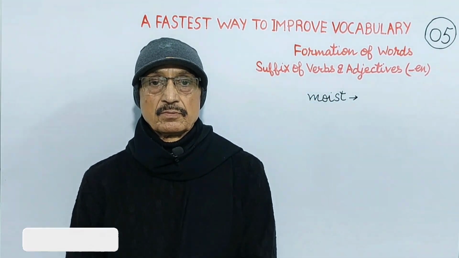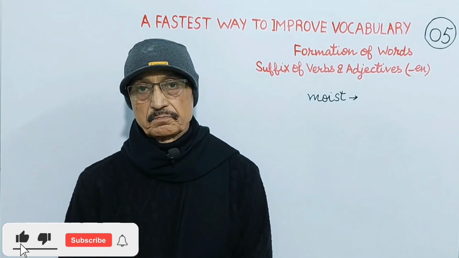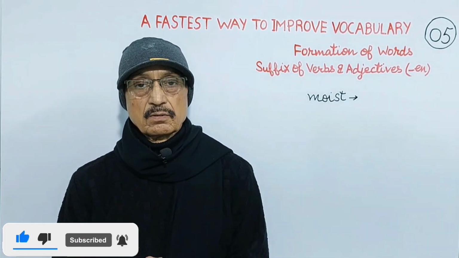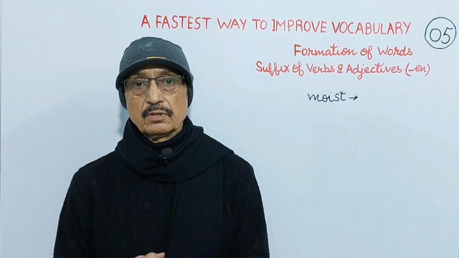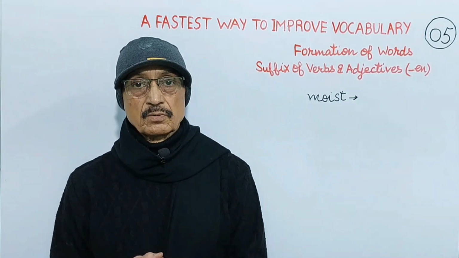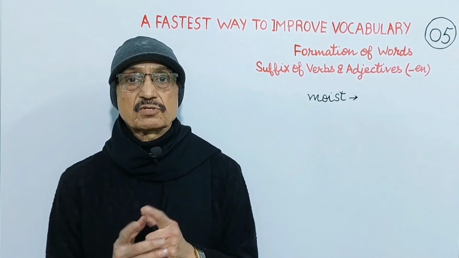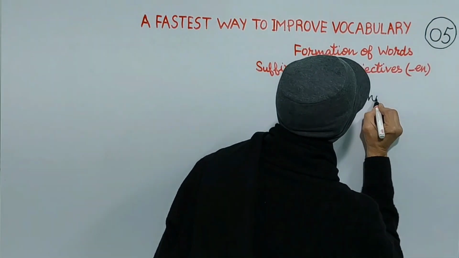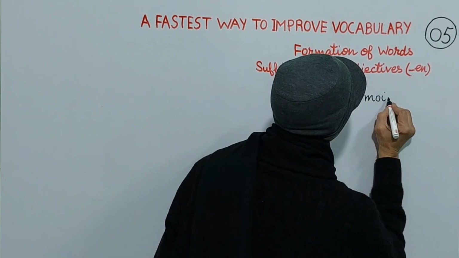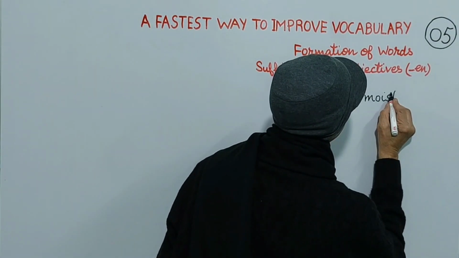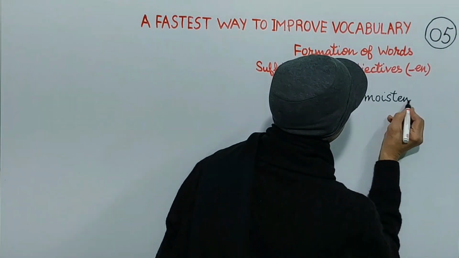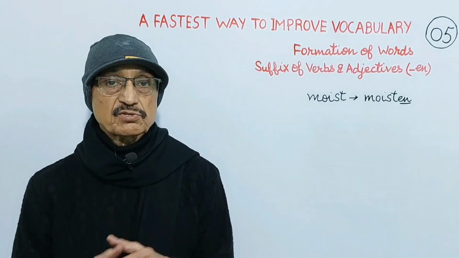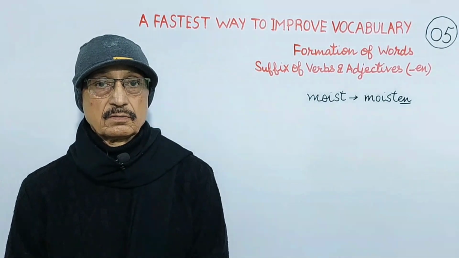Moist. This is an adjective. When we add suffix en, it changes into its verb moisten. T is silent. Moisten.